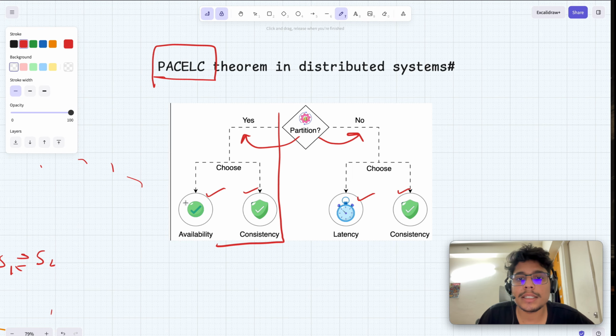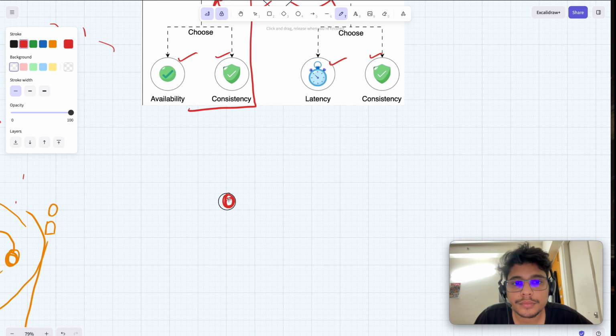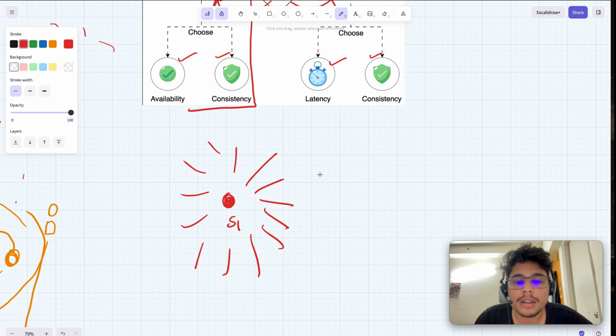So what do latency and consistency mean? Suppose you have a server S1 and multiple servers. One request comes to it, and in a distributed system every server must contain the same data, the same DB.